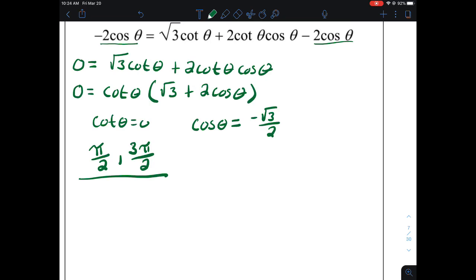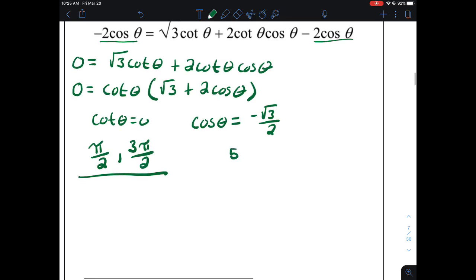And then cosine of theta equaling negative square root 3 over 2. Well, that's going to be values of 5 pi over 6 and 7 pi over 6. So 4 solutions to that one as well.